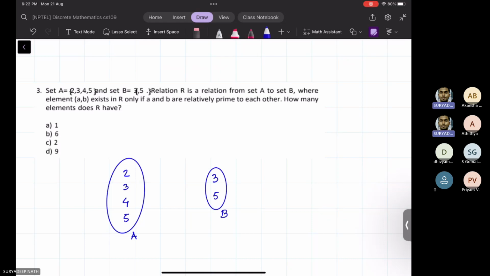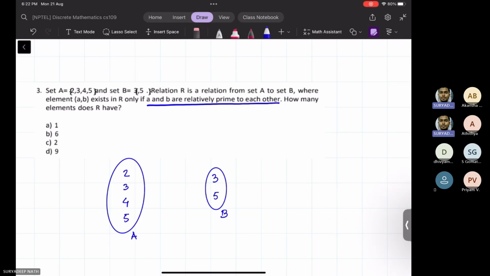This is set B. R is a relation from set A to set B where elements (A, B) exist in R only if A and B are relatively prime to each other. How many elements does R have?